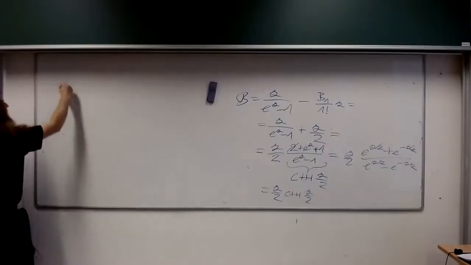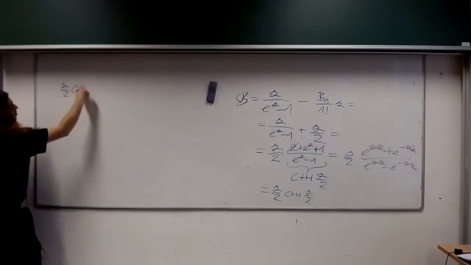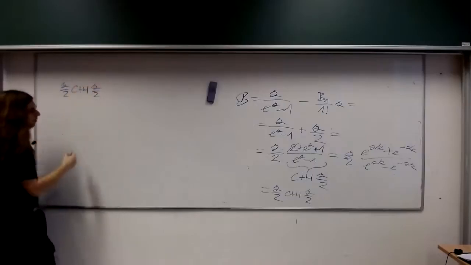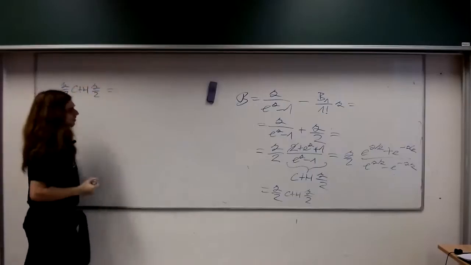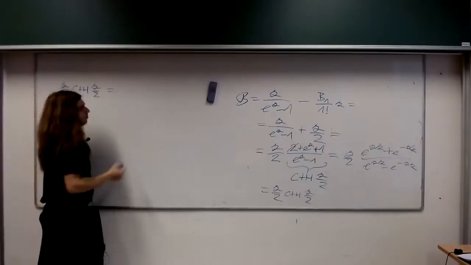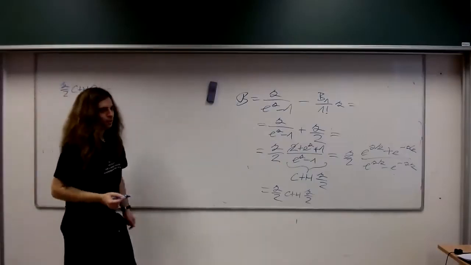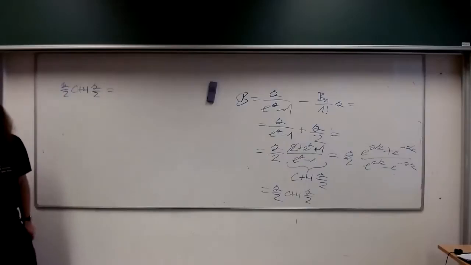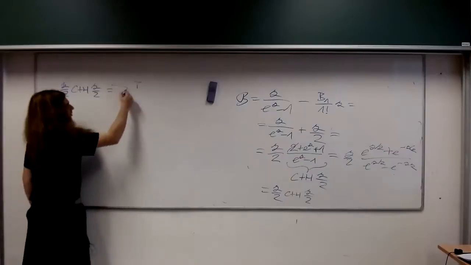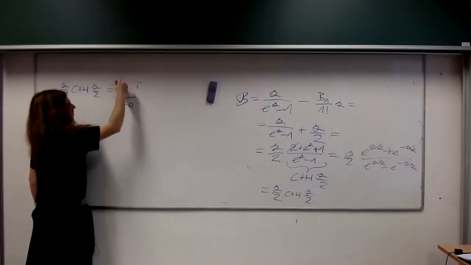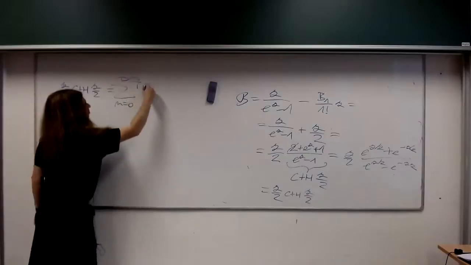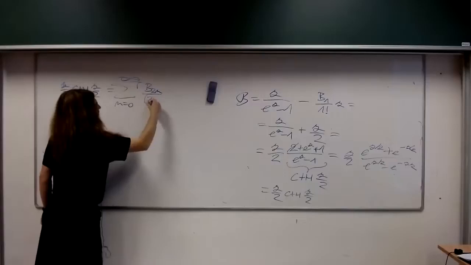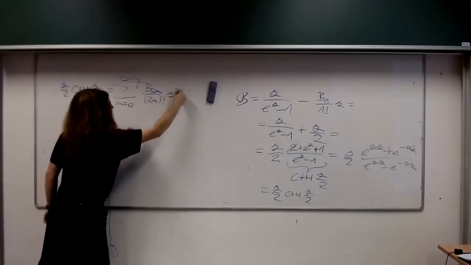So we have z over 2 times cotangent hyperbolic z over 2 equals just the generating function without the first power. And since all the others are just 0, then we can write it like this: the sum of B_2n over (2n) factorial times z to the 2n.